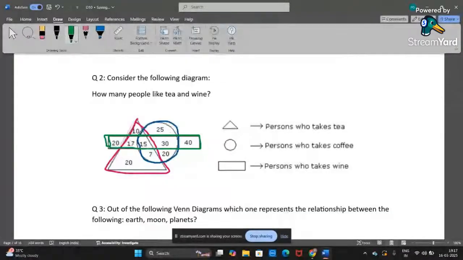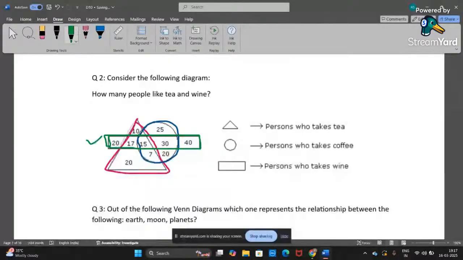So the answer should be in this row. Okay. Then tea. Tea is written in which one? Triangle, right? So only the wine and tea.